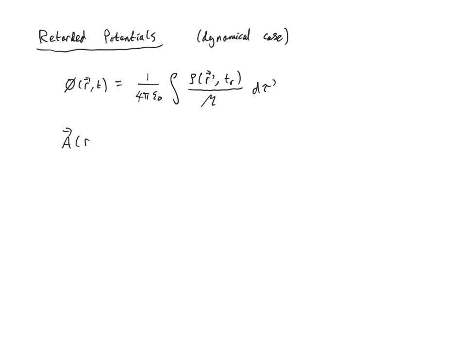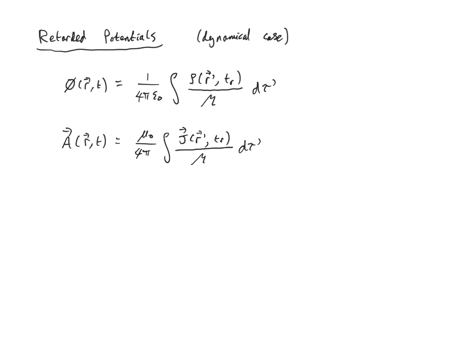Let me first write down the form of the vector potential at a position in space r and a time t. I can write that in terms of the current density evaluated at some source point r primed, and again at some retarded time tr.